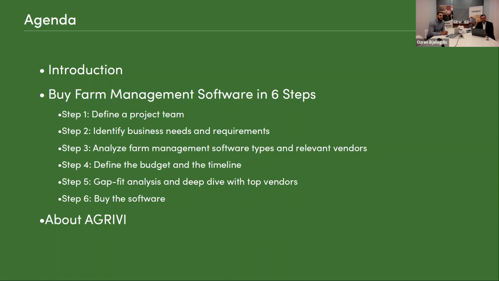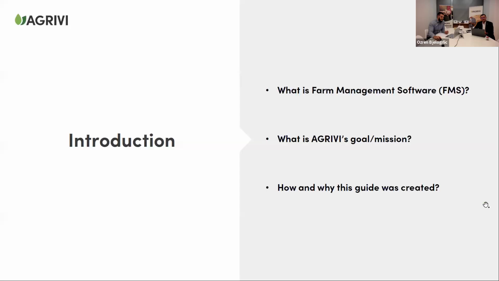Before we dive into the topic, for those who are new to the world of digital agriculture, let's set the base and define what farm management software is when it comes to enterprise and corporate farms. Farm management software is focused on the management of the complete life cycle of crop production, from both an agronomic and financial perspective.